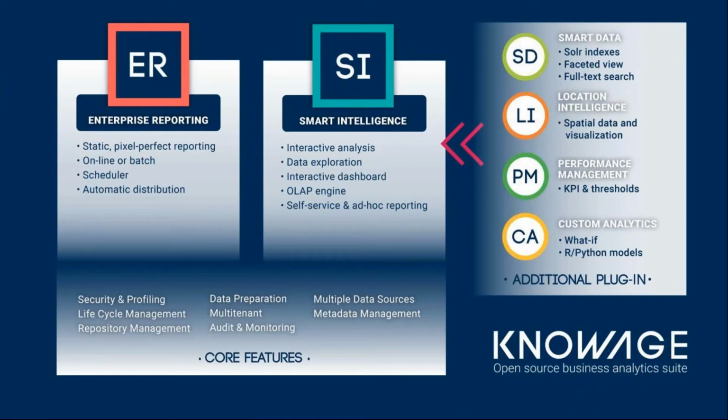Here is how it is structured in Knowage from the 8th version and so on. Now we will only have two licenses that can be purchased annually: the enterprise reporting and the smart intelligence licenses.